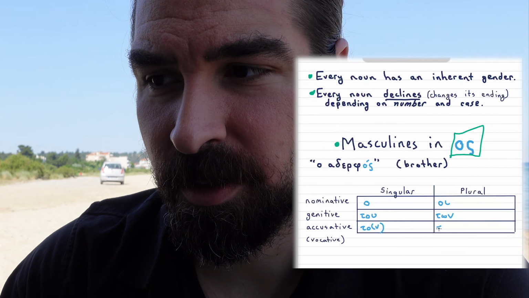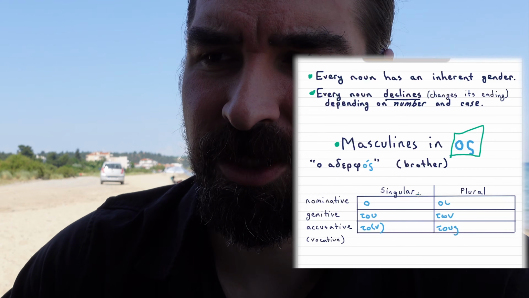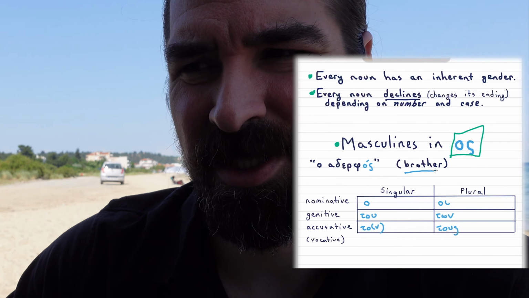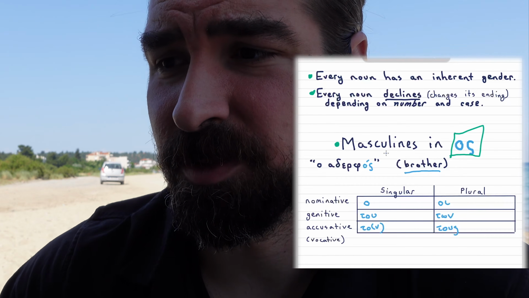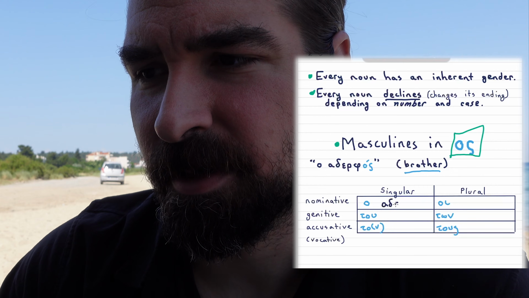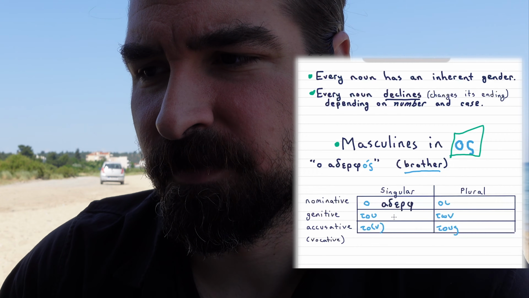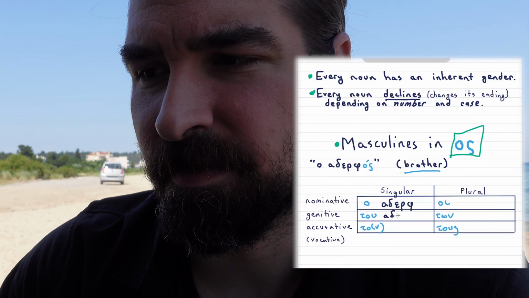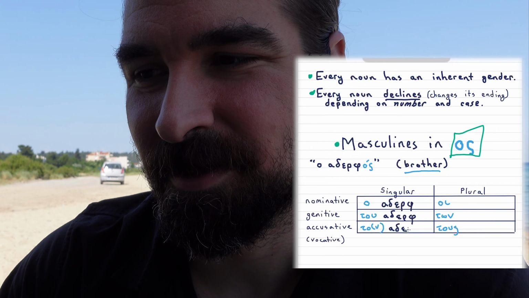These are the definite articles, the word the. So we fill out this chart. We're not just going to say brother. We're actually technically going to be saying the brother. Now, let's fill in the root of the word, which we know is adelf. Adelf. Sounds funny.